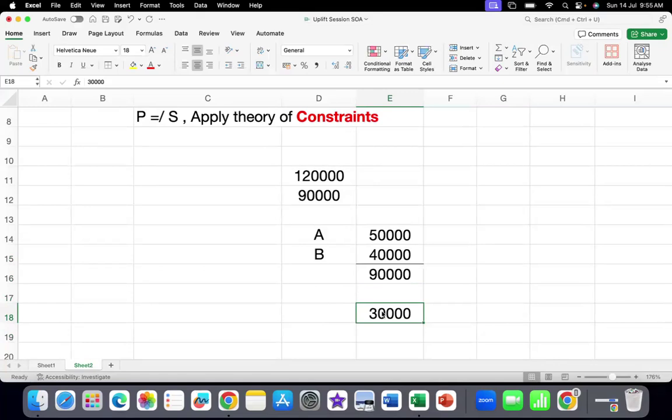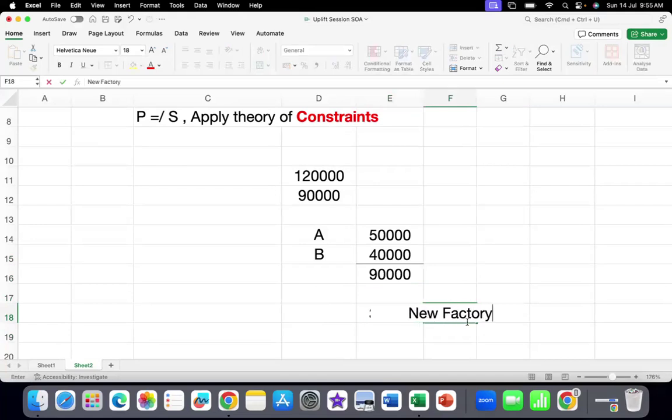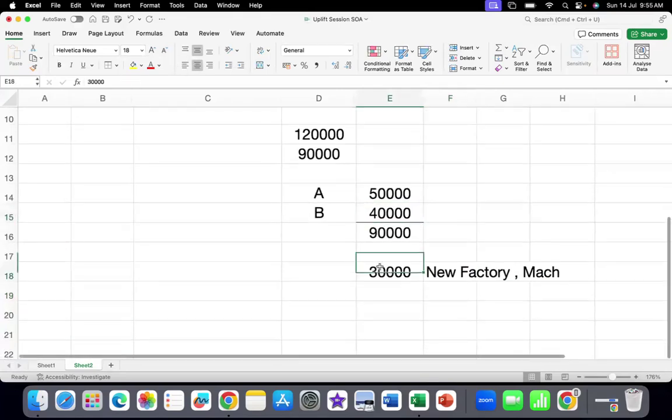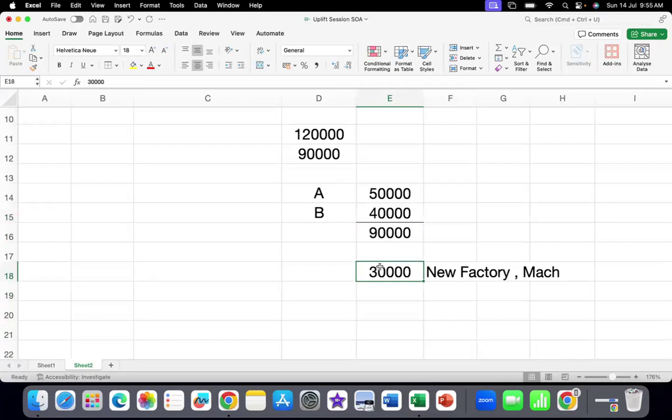But then there is always an option to go for a new factory or a machine which can help you meet the demand. So this would be a decision which you call a make or buy decision, wherein you make this 90,000.